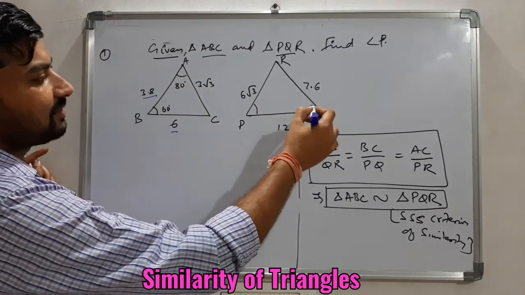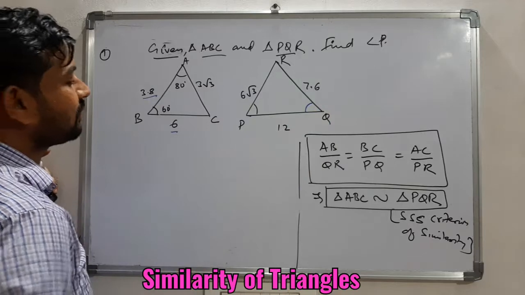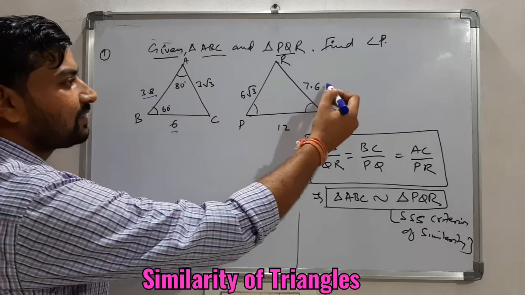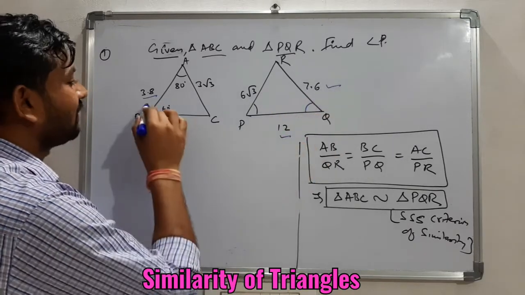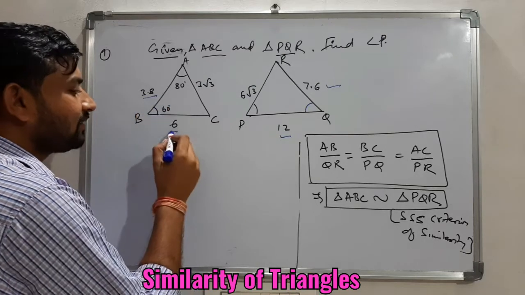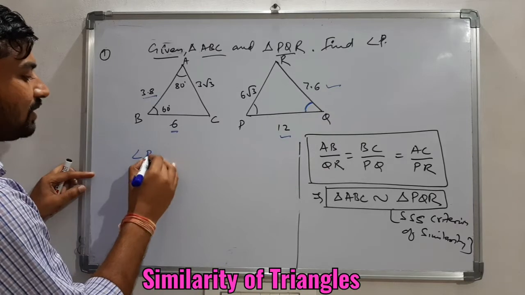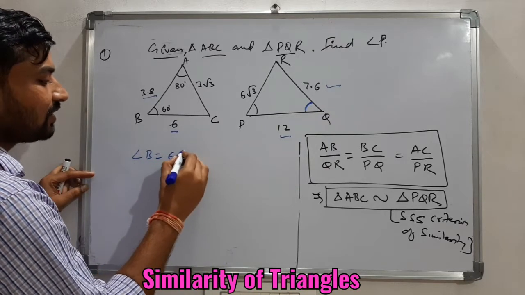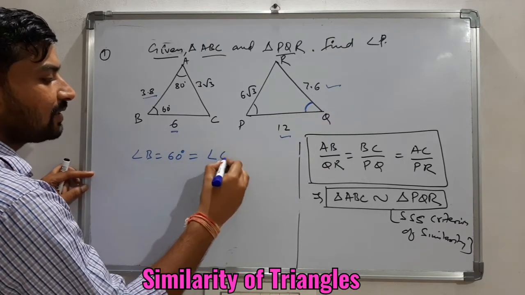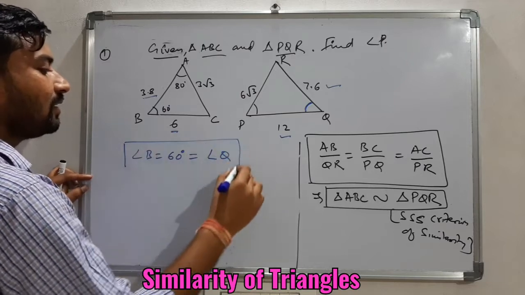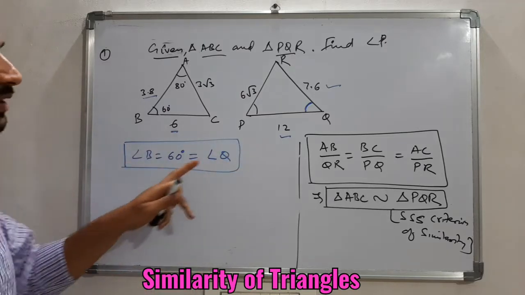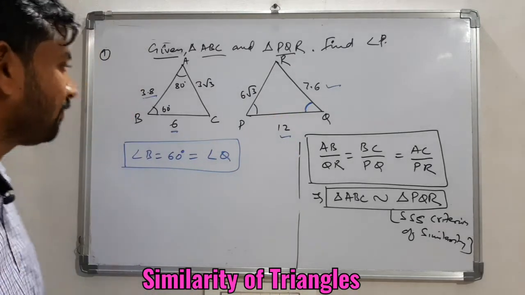Here this is corresponding to Q. Here 7.6 and 12 is just double of 3.8 and 6. So in between this angle is Q. So angle B is equal to 60 degrees is equal to angle Q. The corresponding part of angle B is angle Q in this triangle PQR.